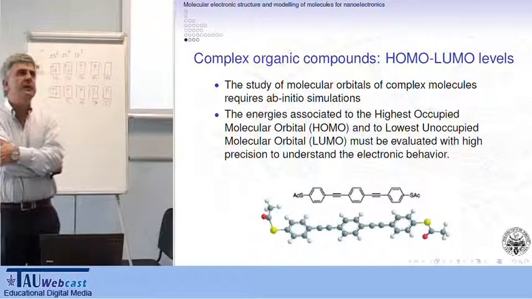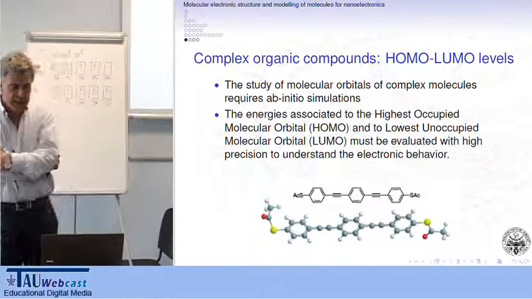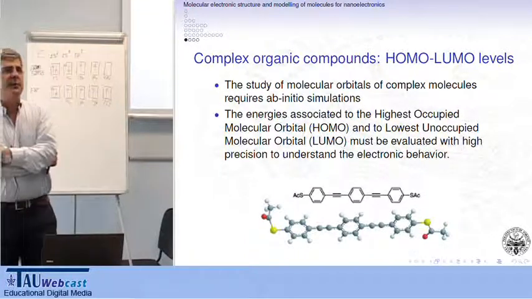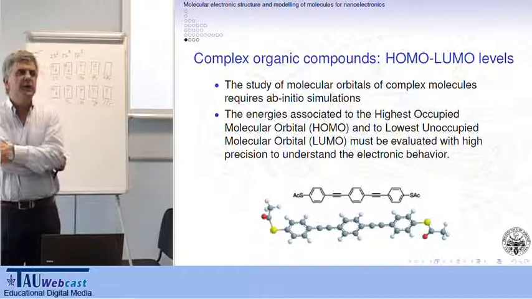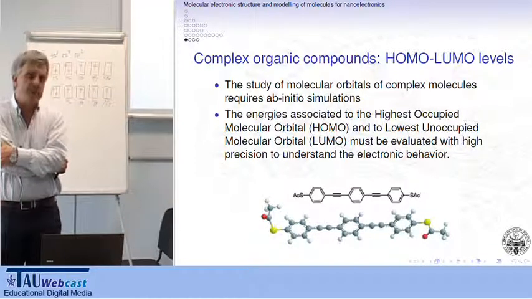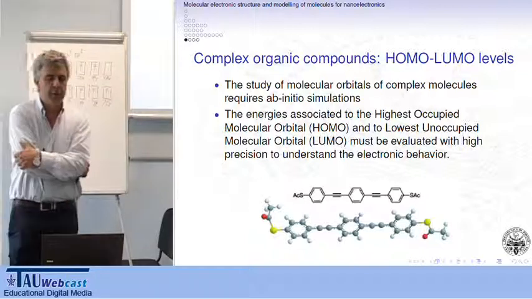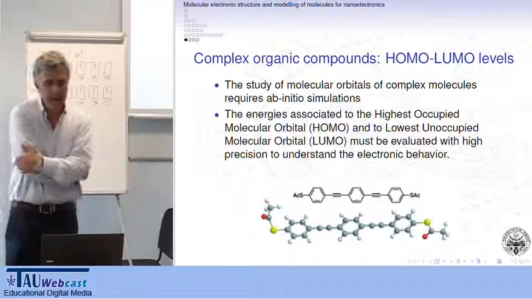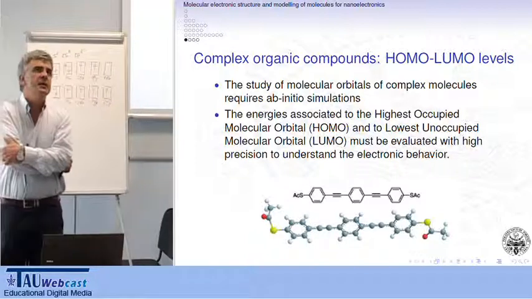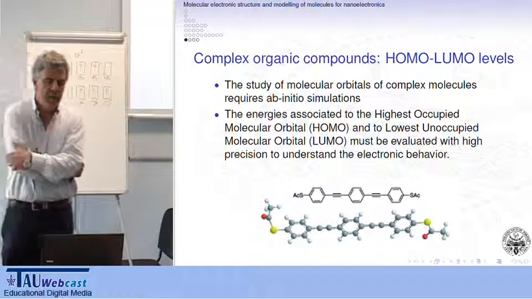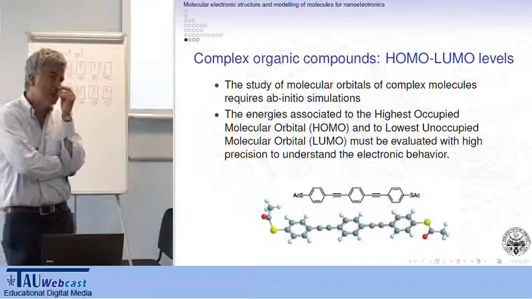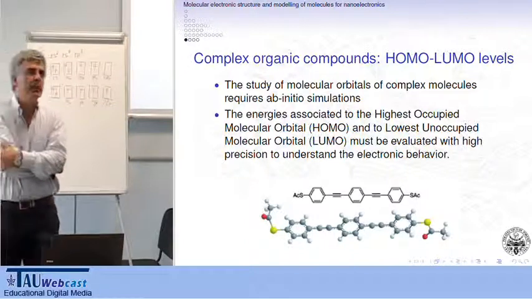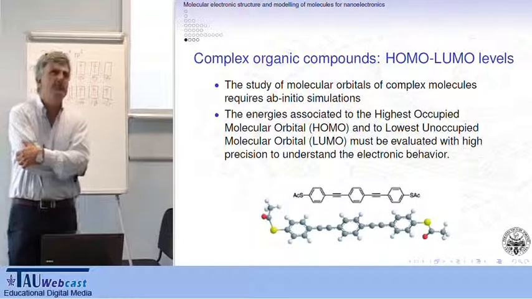Now we can try to summarize some ideas. What I said can be understood when the structures are simple, but molecules used in molecular electronics in many cases have a very complex structure, so it's difficult to evaluate the structure of molecular orbitals with a simple calculation.